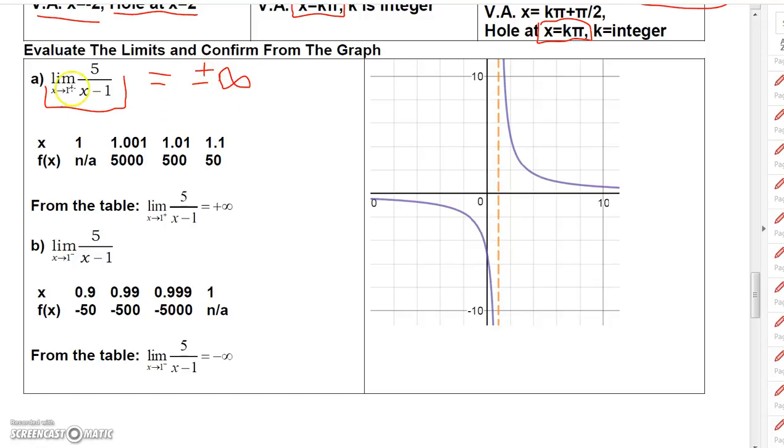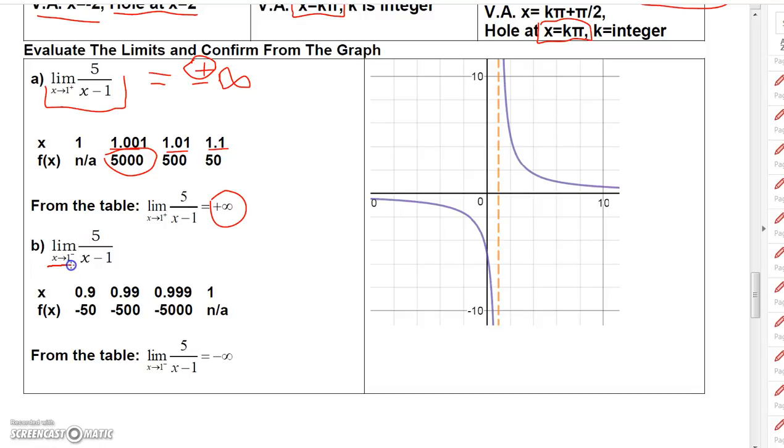So basically what you can do is just pick a number. This says to the right of 1. So pick numbers to the right of 1 and see what happens as you get closer and closer to 1 from the right. Notice that this is getting to be big positive numbers. So that would be positive infinity. So I would say that this limit is actually positive infinity.